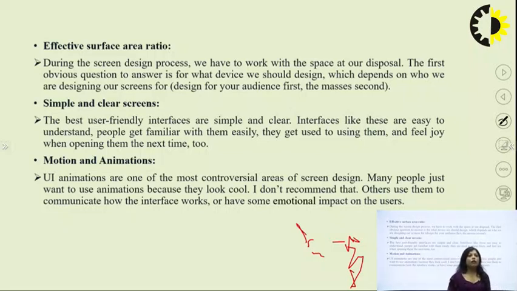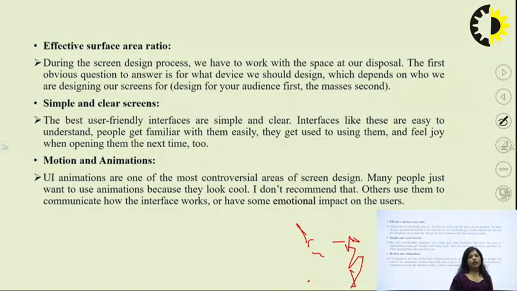By using animation, our screen looks good, our screen looks cool. So that's why the screen designer can use animations. But personally, I don't recommend using animations, because sometimes through animation the user can get distracted from the screen. Others use them to communicate how the interface works or to have some emotional impact on the user.